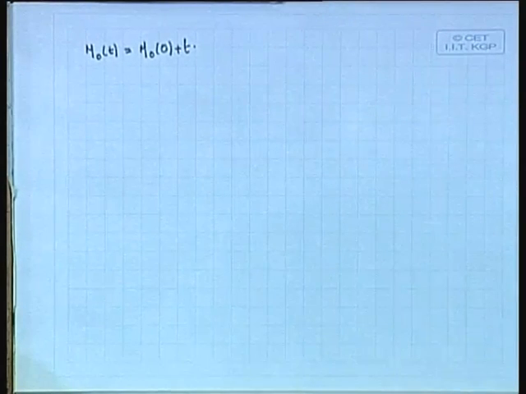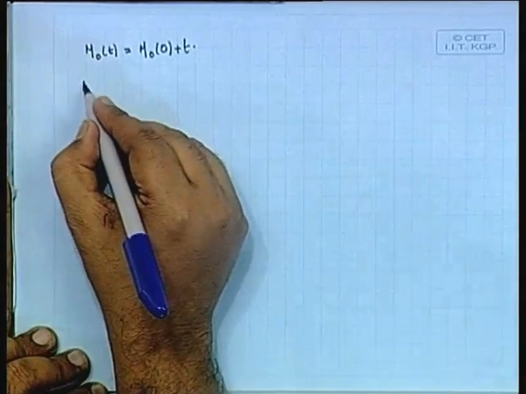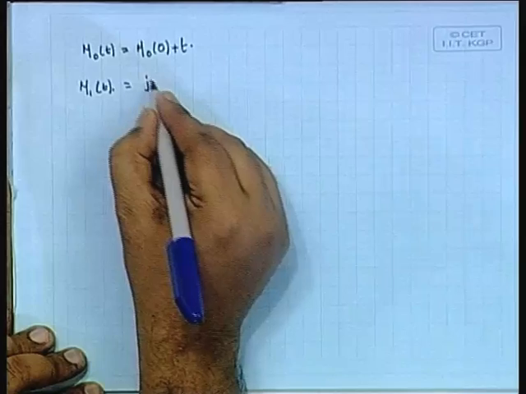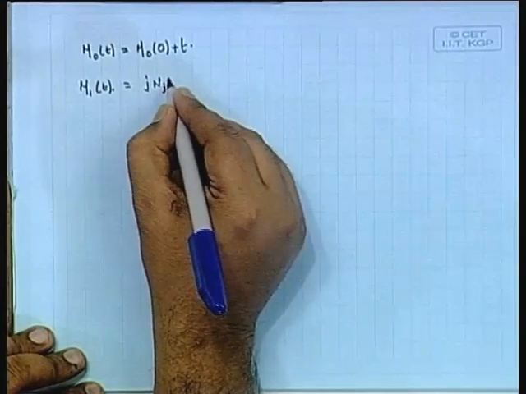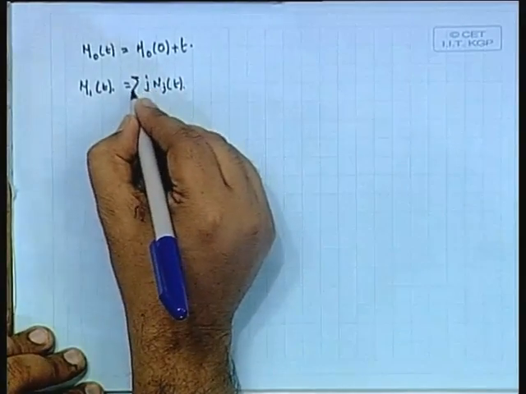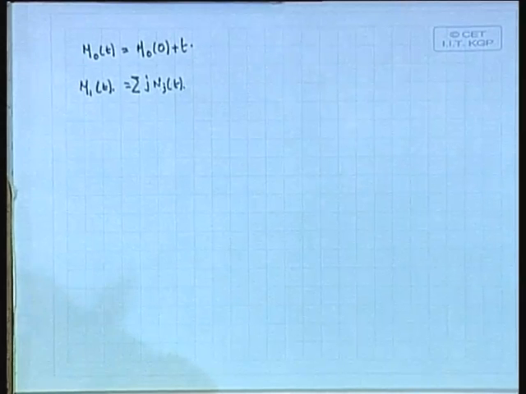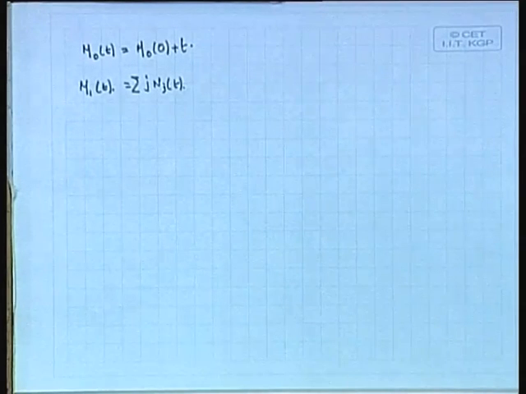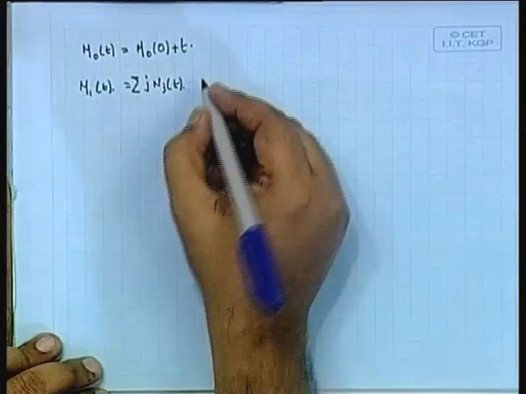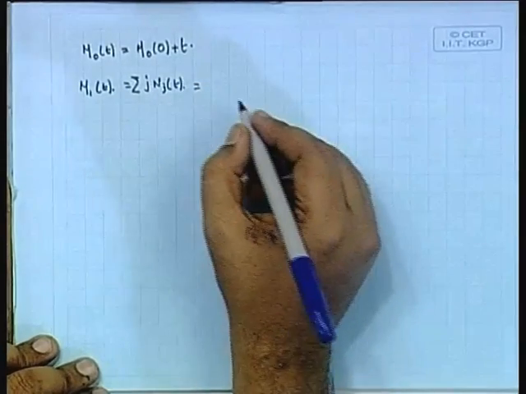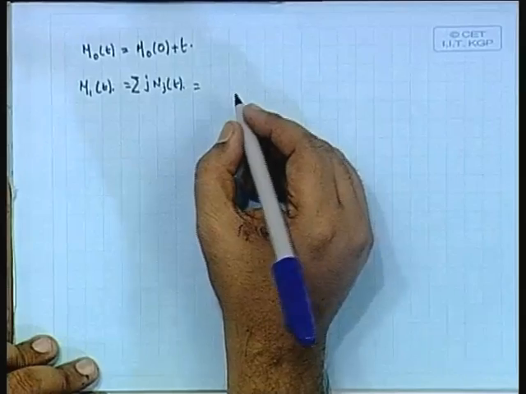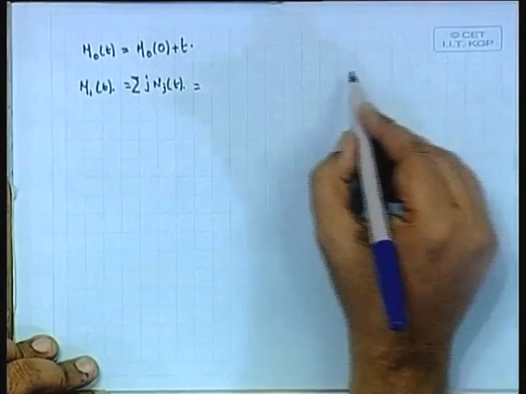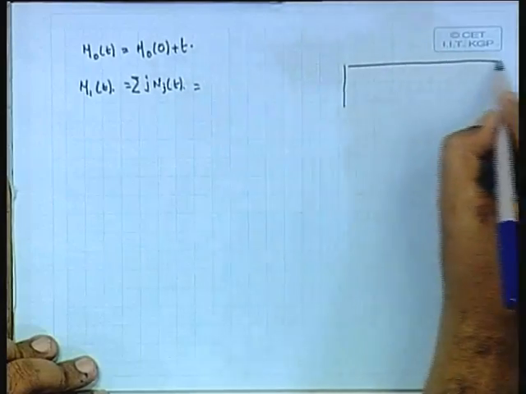Okay. Agreed? Let us try to find out m1(t). What is m1(t)? The summation of j n_j(t). So, let me write the equations once more.